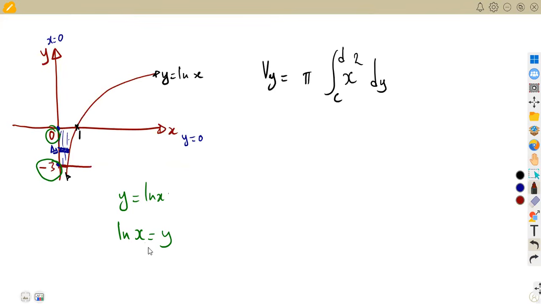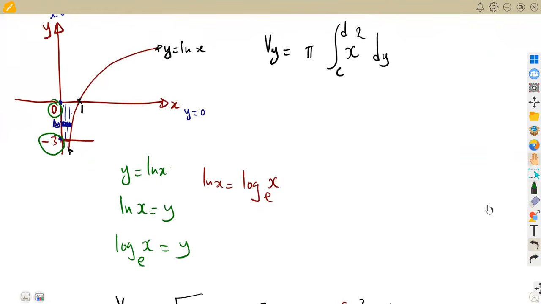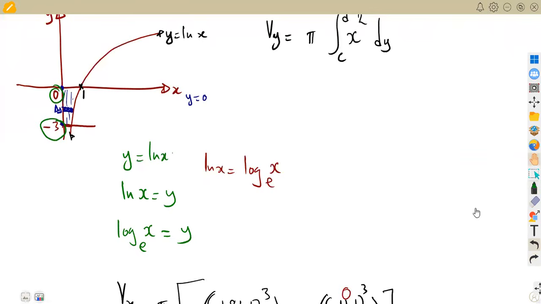But remember that a ln is a log. The ln of x is equal to the logarithm of x in base e. So whenever we see this ln, we see a logarithm of x in base e equal to y. With this, we can now make x the subject.